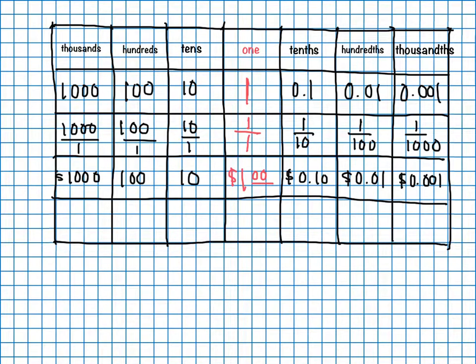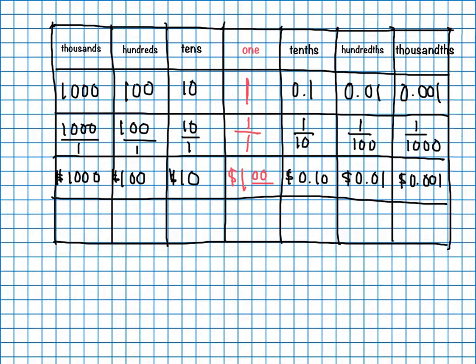And I should probably put my dollar signs in there so we don't forget them. Alright, so that's what we know. That's what we've done before. That is nothing new, okay? Hopefully you remember this from yesterday's video, lesson 3.3. Yep, that was lesson 3.3.